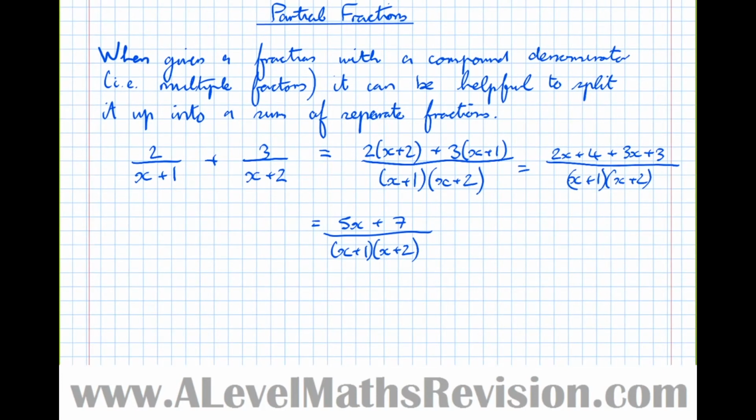But what I'm saying with partial fractions, it can be helpful to take something like this and try and get it back to that form there. So I'm going to reverse this question now.